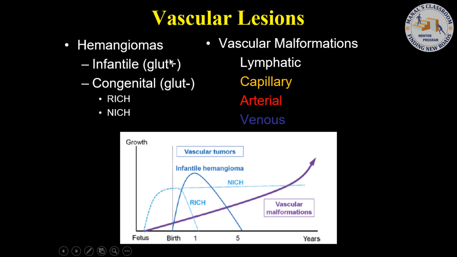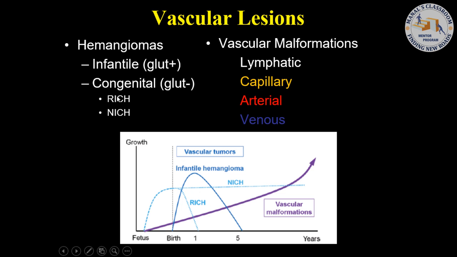If it's glutamine positive, this is what's referred to as an infantile hemangioma. Typically, these infantile hemangiomas arise in infants, so that's how I remember it. The classic infantile hemangioma enlarges in size, and then it completely involutes. So that's the classic infantile hemangioma.